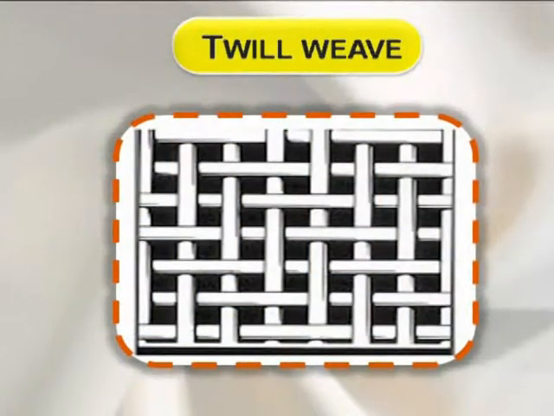Twill weave. The twill weave structure requires a minimum of 3 warp and 3 weft yarns. This weave is distinguished by diagonal lines.